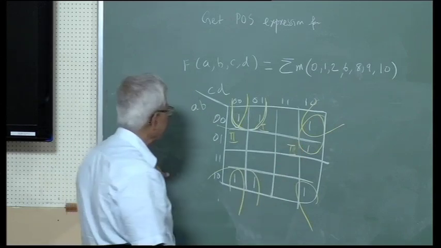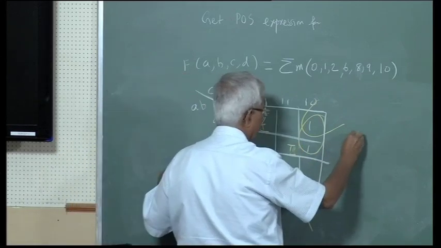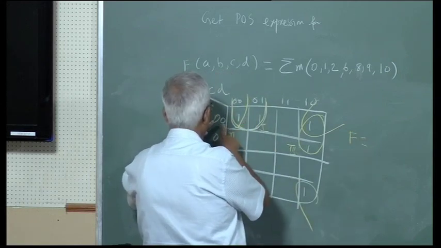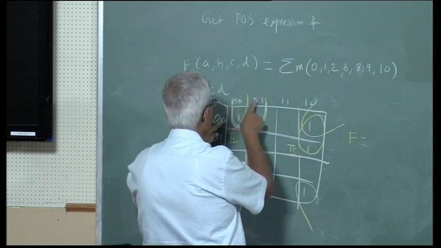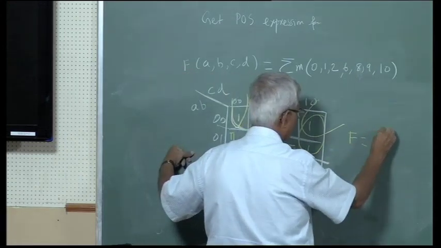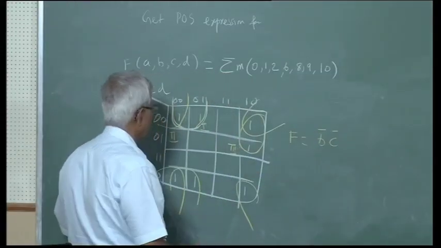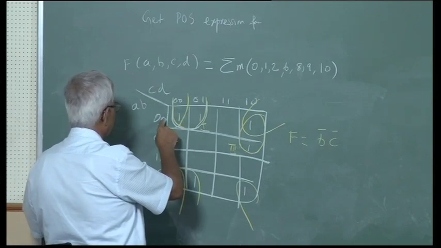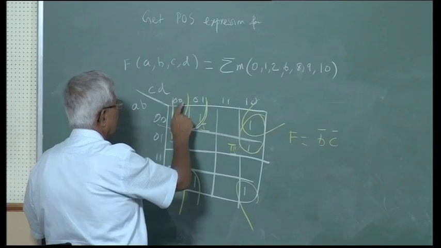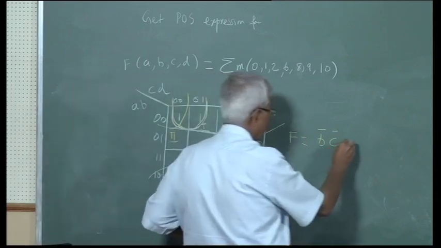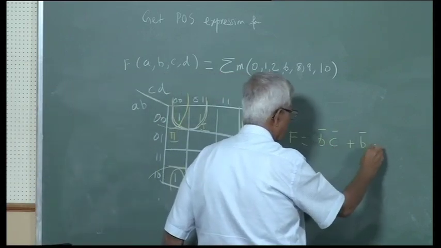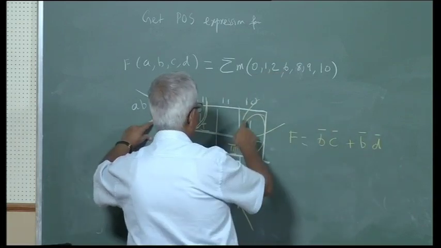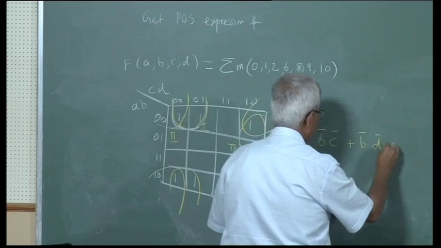So F is B bar, C bar, these corners will be B bar, D bar, and this will be A bar, C, D.